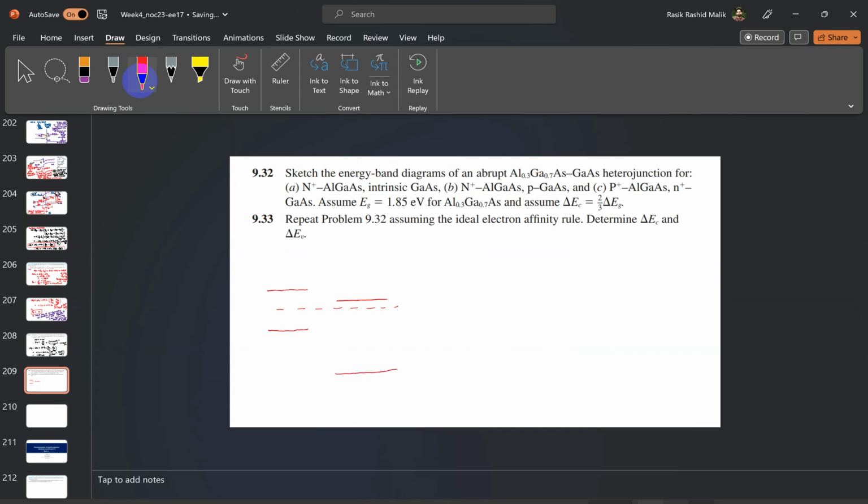Here, at the interface, the electrons will move away from the junction, so there will be accumulation of carriers near the interface, and a similar type of bending will be in the valence band.